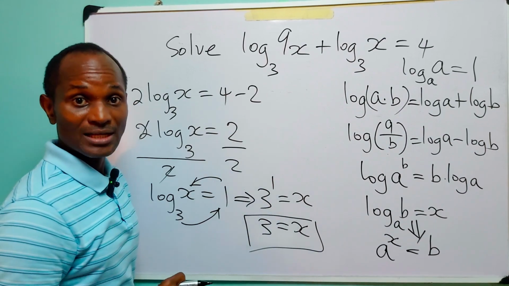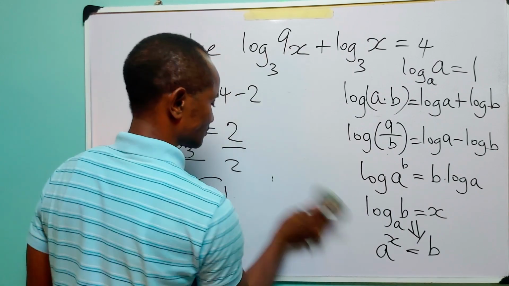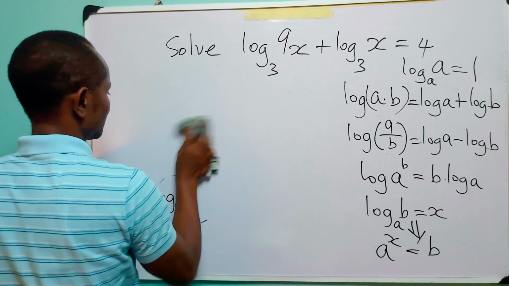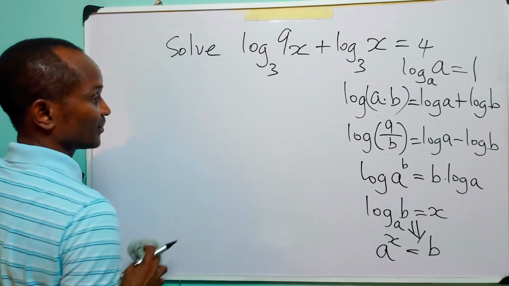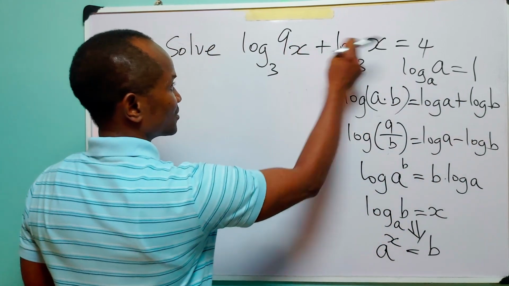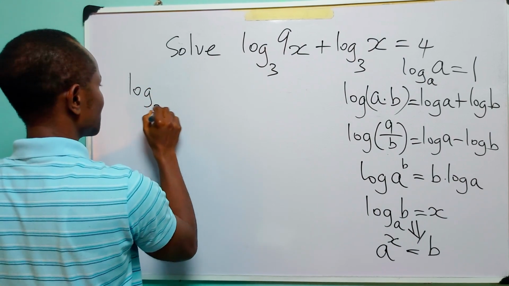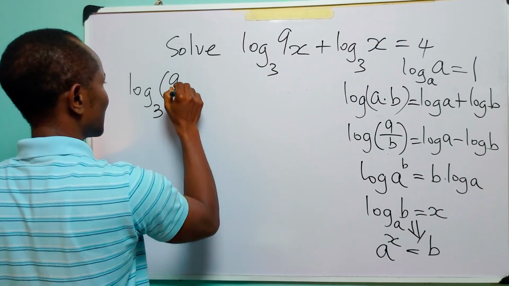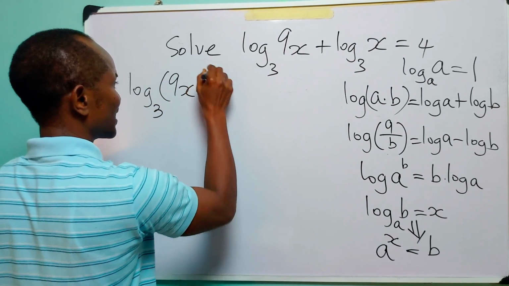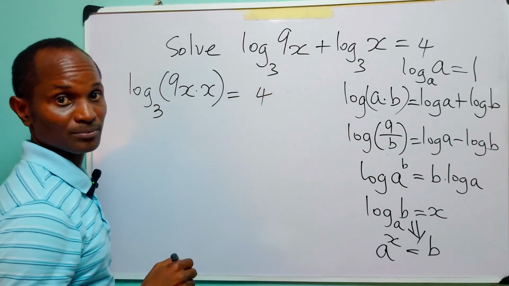But there's a second approach that we can use to solve this equation. Now, once more from the first law, we can combine these two as log to base 3 of 9x multiplied by x is equal to 4.